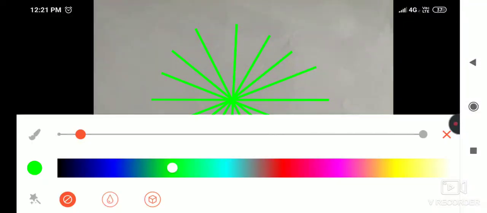See how many lines I am drawing passing through the single point. So that is the first postulate told by Euclid: innumerable lines can pass through a single point. Suppose I name it point A, then innumerable lines are passing through this point A.